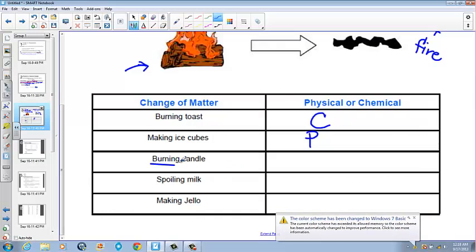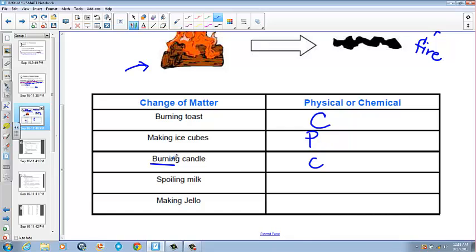if we are burning something, then it would be a chemical change because you actually see that black smoke while the candle is burning. That is a product. It is also producing a little bit of heat, so that's going to be a chemical change. Spoiling milk. Do you have a new substance when milk goes bad? Yes, you do. So it will be a chemical change.